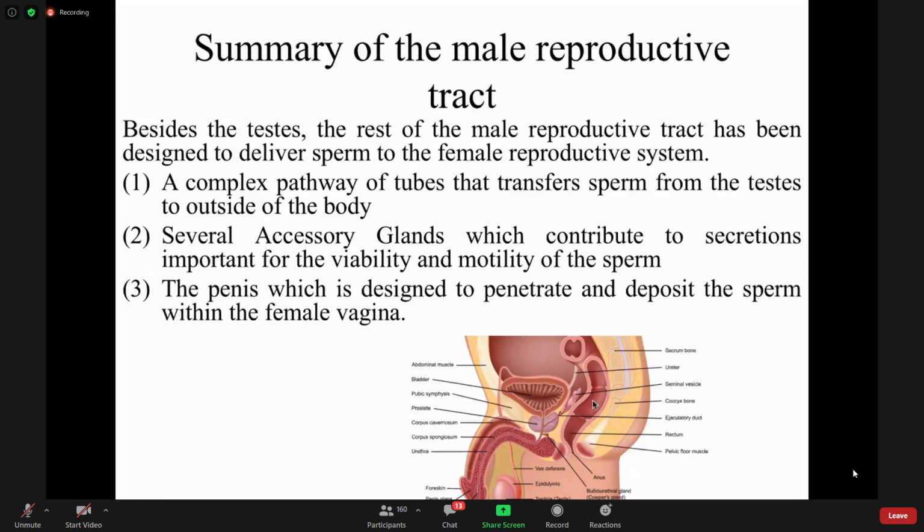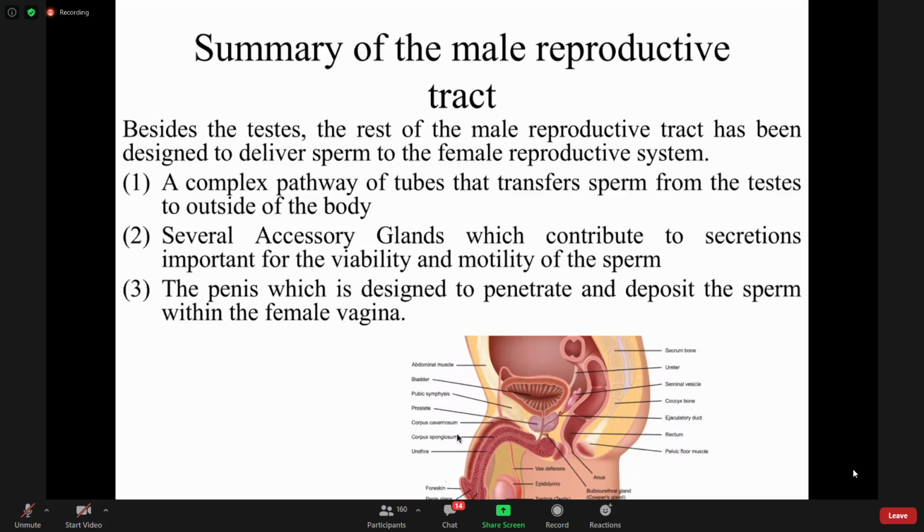Over here, we have the seminal vesicles, which give 60% of the seminal volume. I have the prostate gland, which is a very important gland you may have heard of in clinical scenarios. We also have the bulbourethral glands, or Cowper's glands, which give the lubricant for the culminating act.